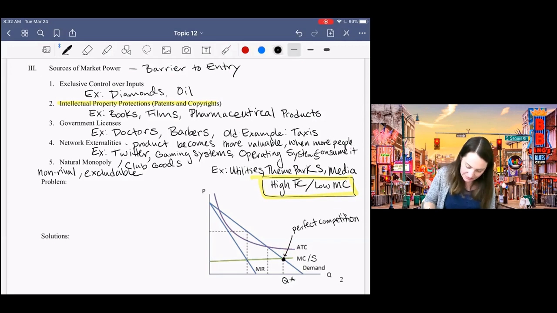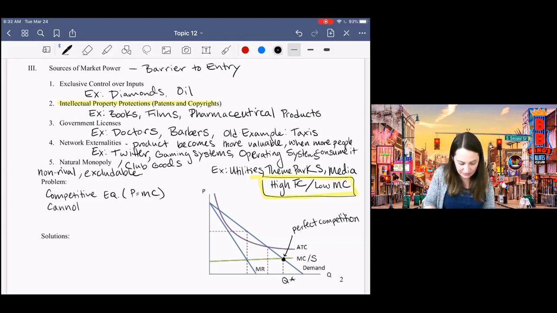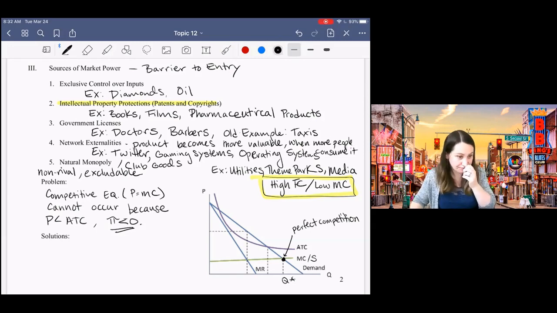So the problem is that the competitive market equilibrium, which occurs where price is equal to marginal cost, cannot occur because at that point, price is less than average total cost. In other words, profits are negative.